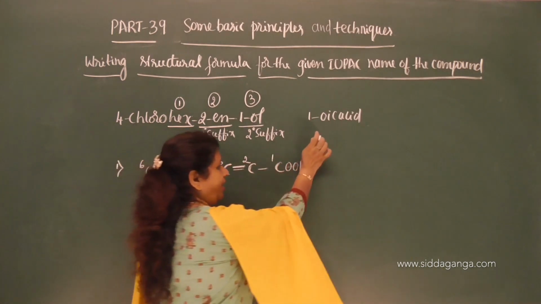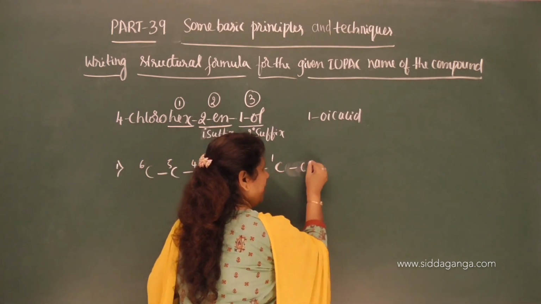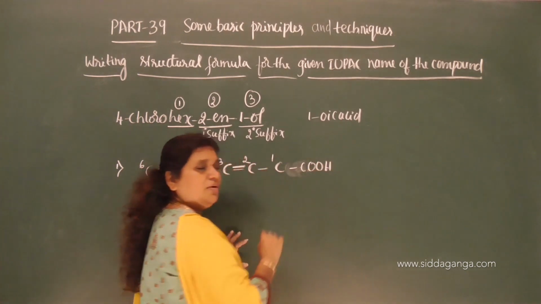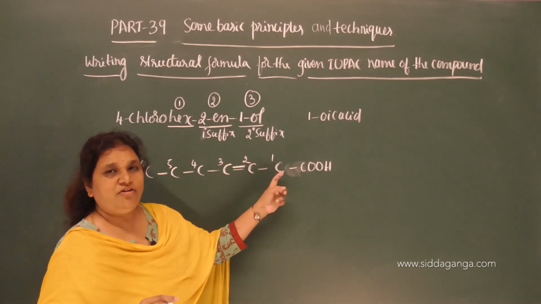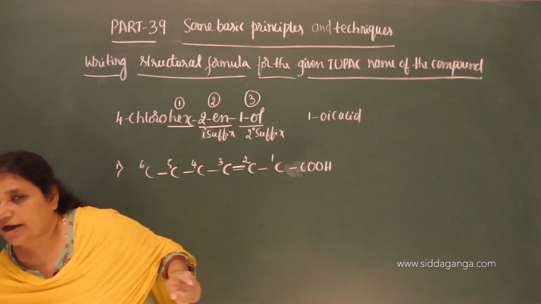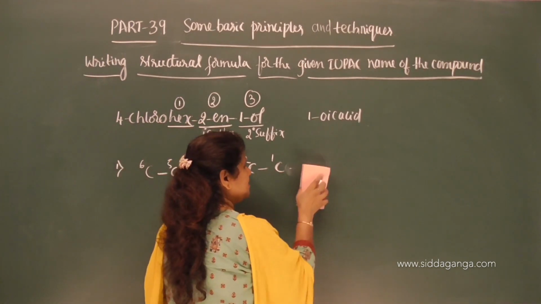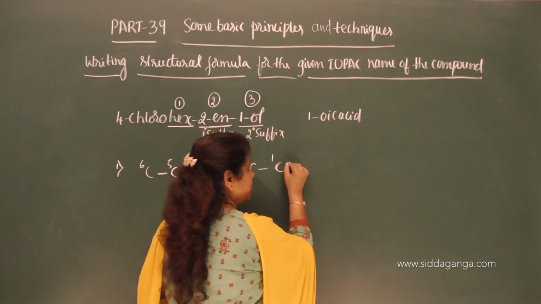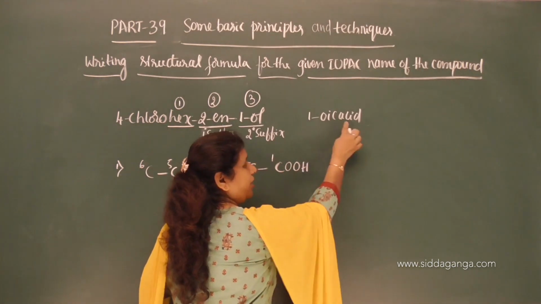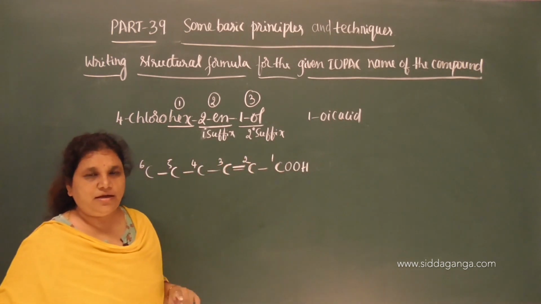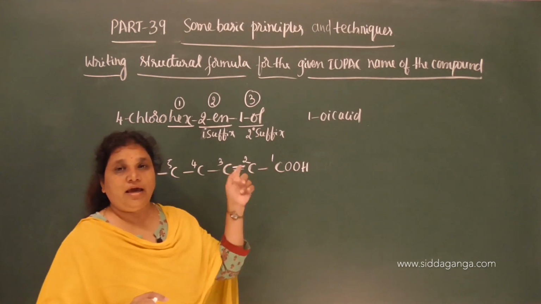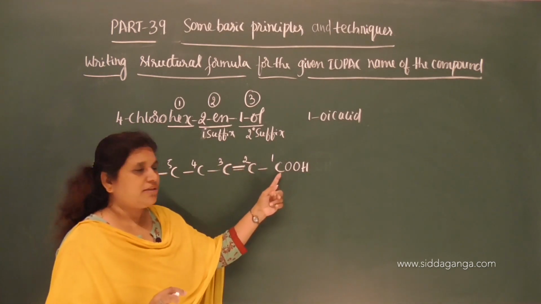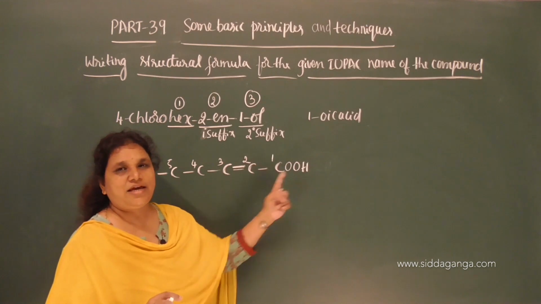So we cannot write it like this. We cannot give COOH to the first carbon. So we have to convert this first carbon itself as a functional group if it is one-oic acid. Is that clear? If it is one-al, you have to convert this first carbon to CHO.